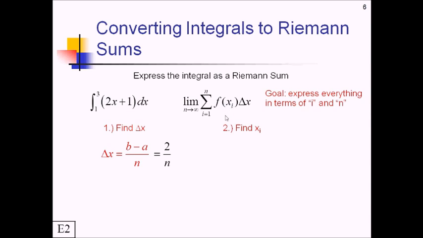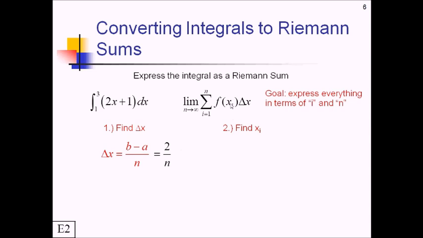So if we were doing this using this interval here, the left endpoint of your first rectangle would be the a value here, 1, because that's where everything is beginning for the x values. But then to get the right endpoint of that rectangle, you would have to add the subinterval length. What's the subinterval length again? Oh yeah, that's this delta x, this 2 over n. So to get the very first x sub i, you would have to do a plus delta x.